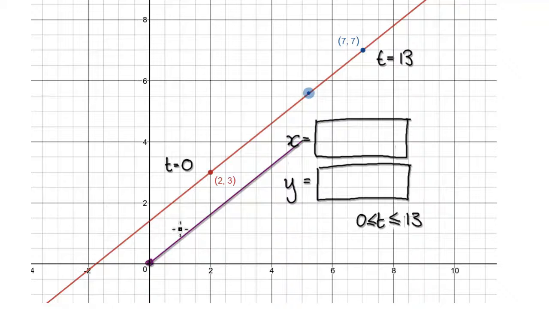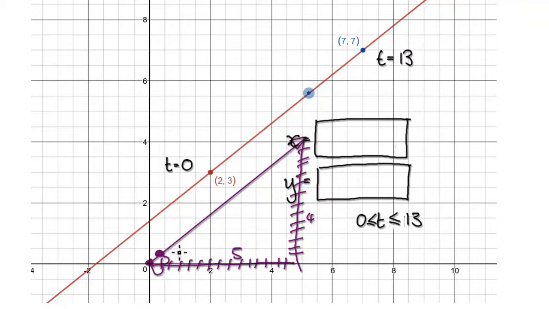The trick is to cut this up into 13 equal pieces, 13 seconds, in the x direction, and then cut the y direction into 13 equal pieces as well. What that means is that in 1 increment of time, you would have moved 1 piece across and 1 piece up.